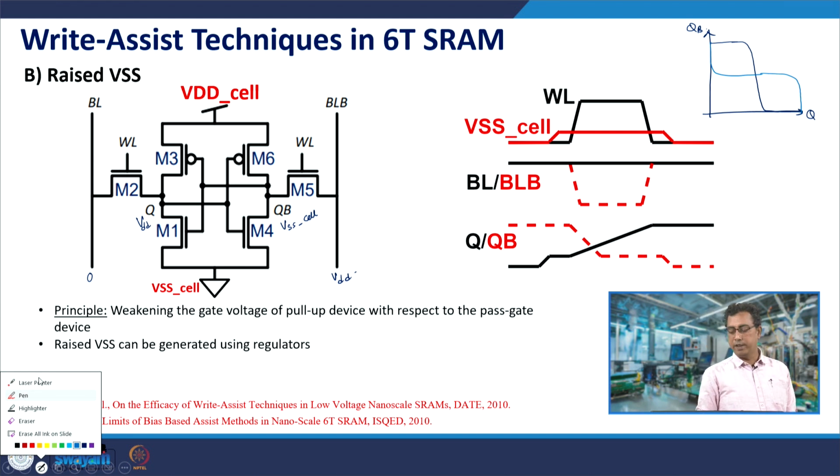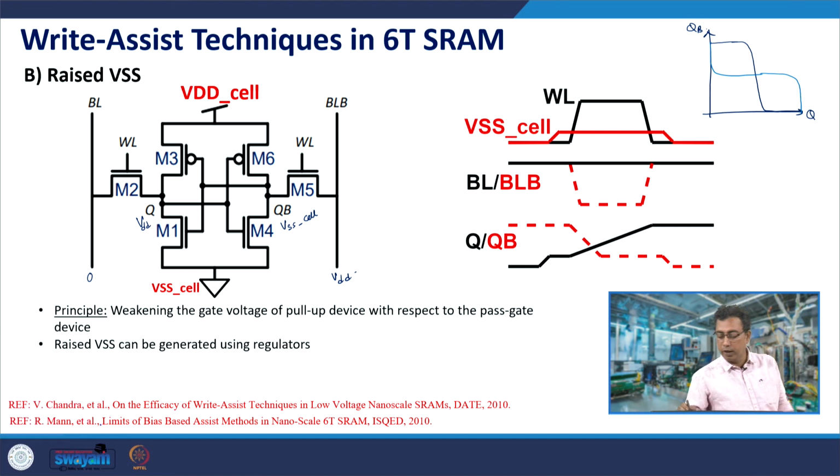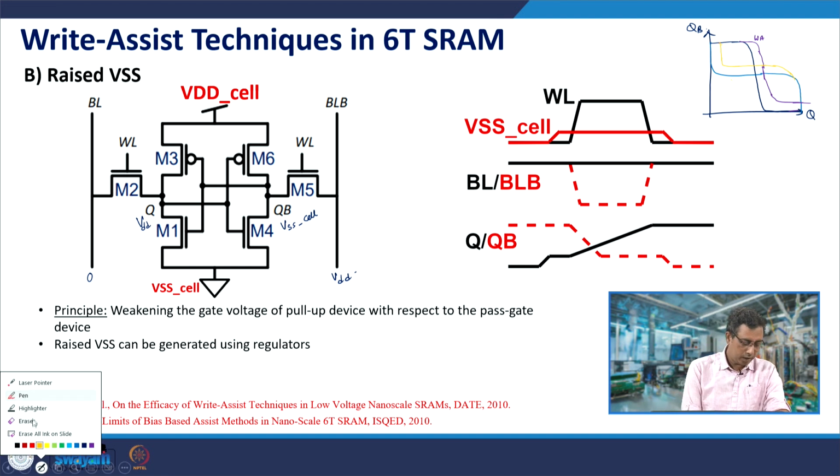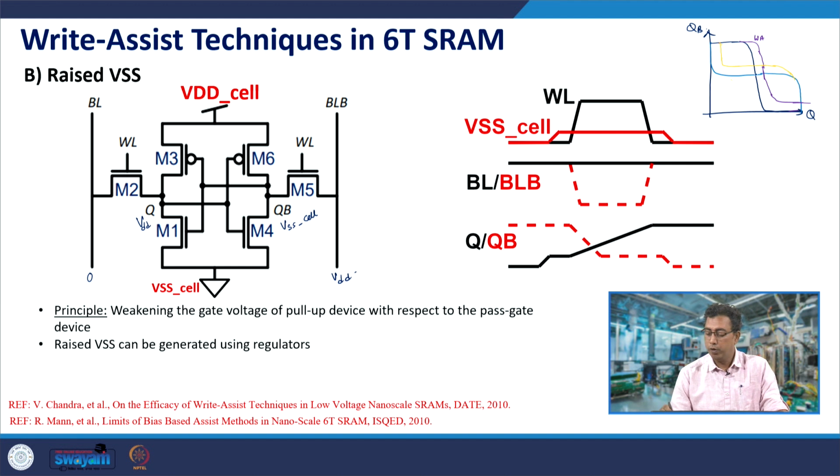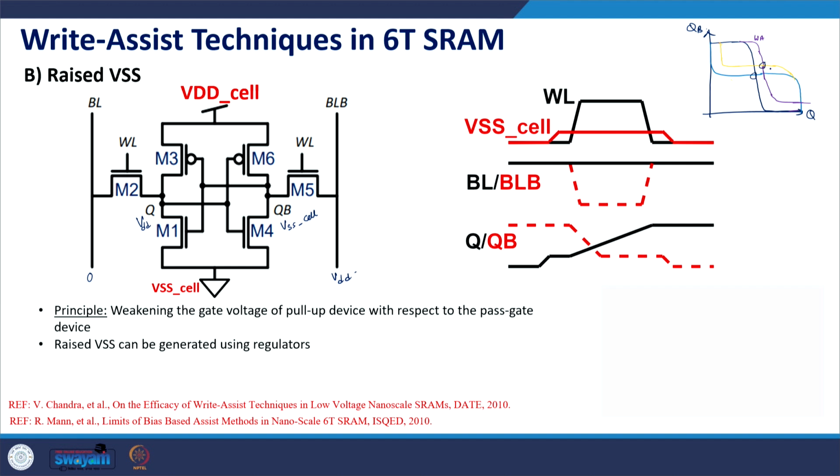Now, 0 is affected, so 0 goes higher. If with the write assist circuit we use a different color, this is with write assist. So, we can see that the metastability point, or separatrix, has moved to a higher value of Q and QB.